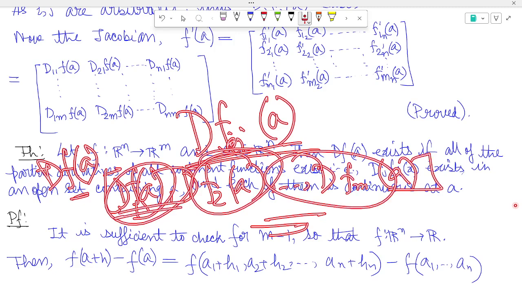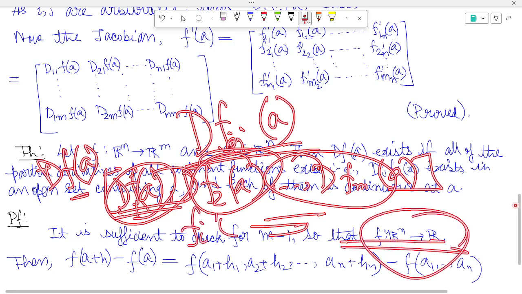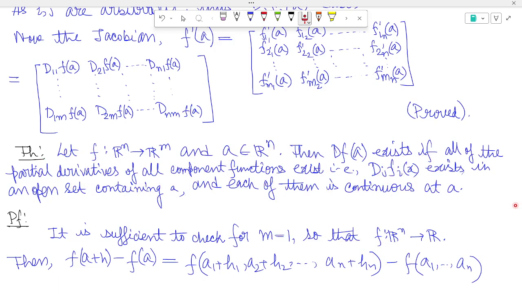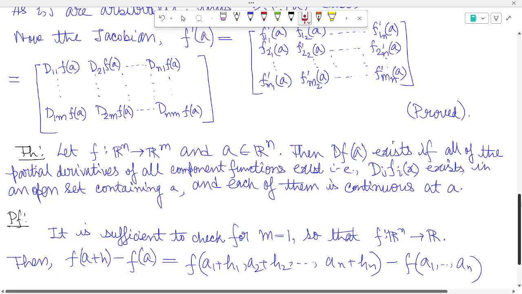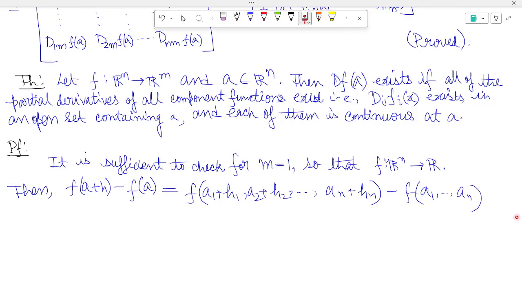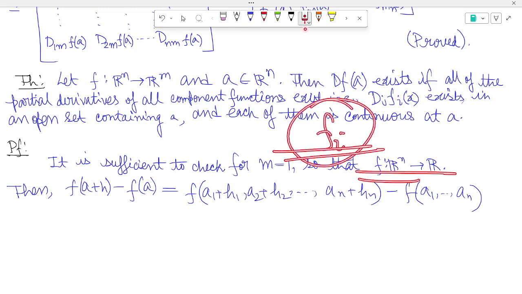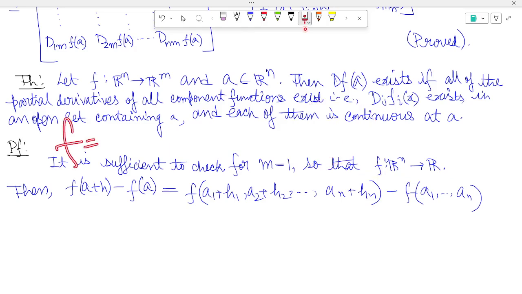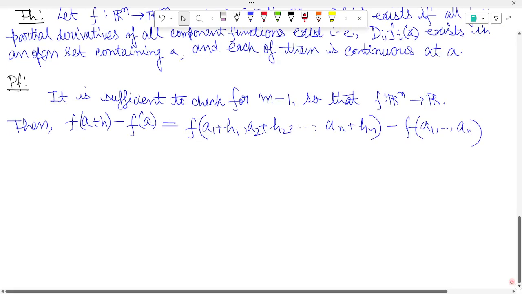But fi for each i is a mapping from R to R. Because then in place of f, I can assume fi, and d of fa is just a tuple or a covector. In a matrix form they're arranged. You understand what I'm saying?